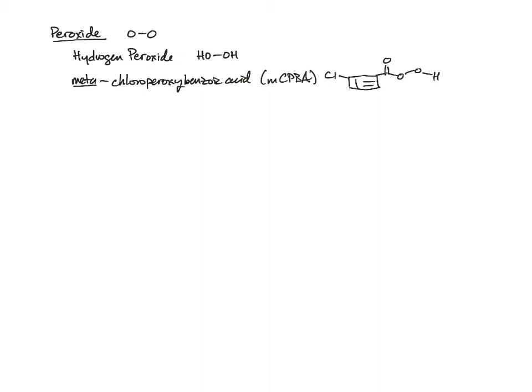And so what does the meta mean? Meta is a relationship that's used for di-substituted benzene rings, which we have shown. So meta is specifically a 1-3 relationship, so we could also call this 3-chloroperoxybenzoic acid.